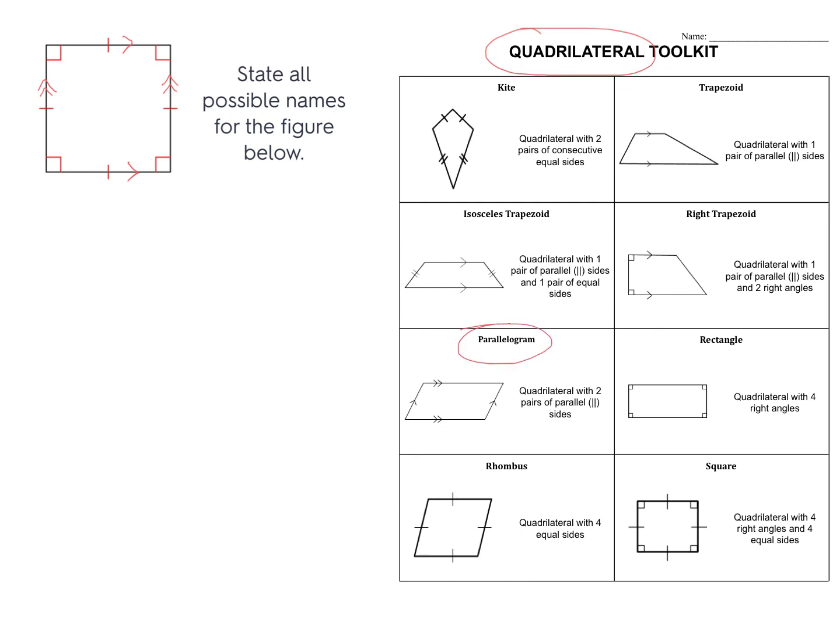We also see 4 right angle boxes. That classifies it as a rectangle. We also see that we have 4 sides congruent, or all sides equal, which makes it a rhombus. And last but not least, because it is both a rectangle and a rhombus, it is also a square because it has 4 right angles and all equal sides.